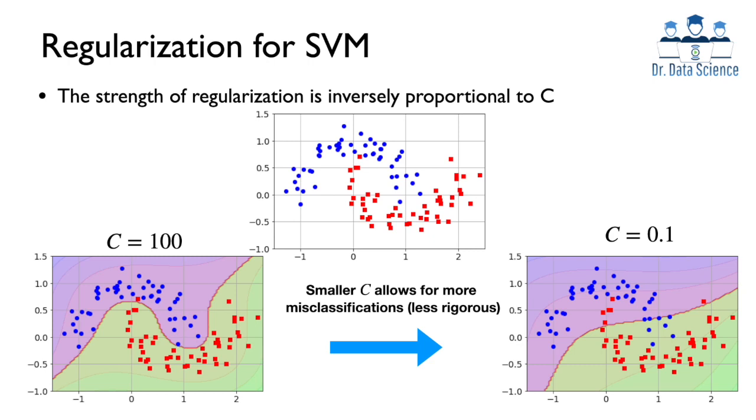But this might actually be helpful when you have data that is noisy, or in some cases where it might be very difficult to correctly classify the data points that are close to the decision boundary. So that's the idea behind regularization in support vector machines. And as you can see, it is a little bit different from linear regression in that increasing the value of C here means we are having less regularization. So in some ways, it's the opposite. But now you understand how this works.